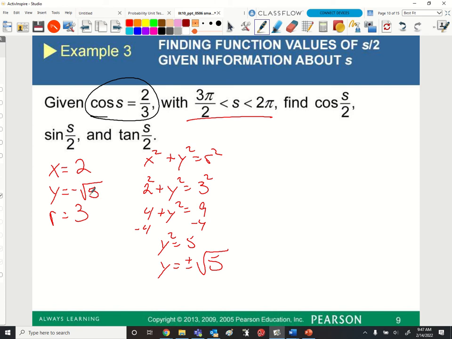So now from here, we just need to plug in to find half-angle cosine, half-angle sine, and half-angle tangent. Let's go.